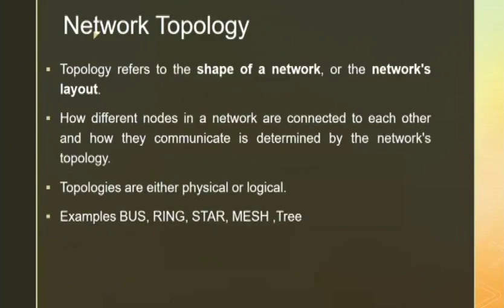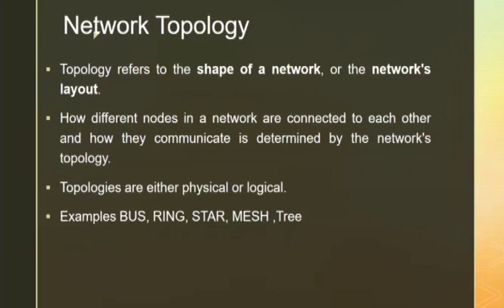Then we are moving to topology. Topology means the shape of the network, or network layout. We have several different types of network topologies: bus, ring, star, mesh, or tree.